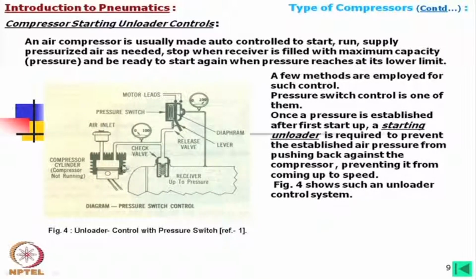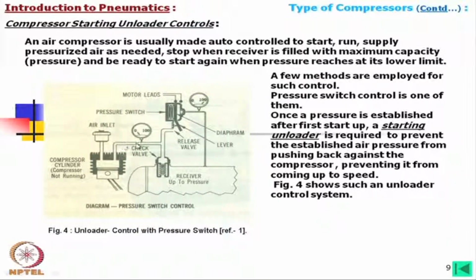But if you look into this path, then this path will remain filled with the pressurized air. Now, to relieve that, with this pressure switch there is a lever that operates another valve, actually there is another valve sort of thing, which allows the compressed air to be relieved from this path.